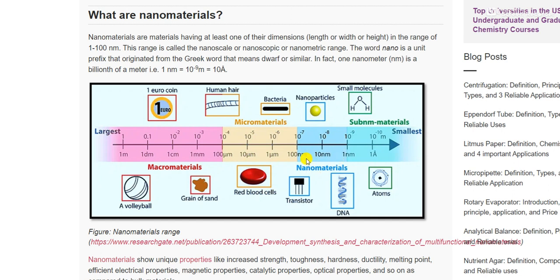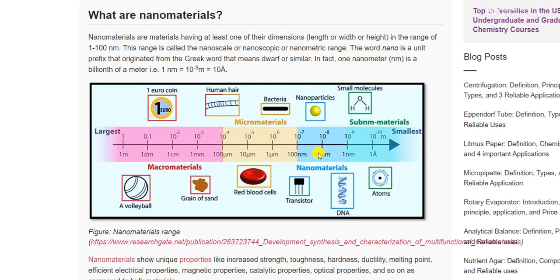So we know that any material can have 3 dimensions, isn't it? X, Y, and Z axis. All these 3 dimensions are possible. So if any one of these dimensions lies in this range, between 1 nanometer to 100 nanometer, we can say that it is a nanomaterial.